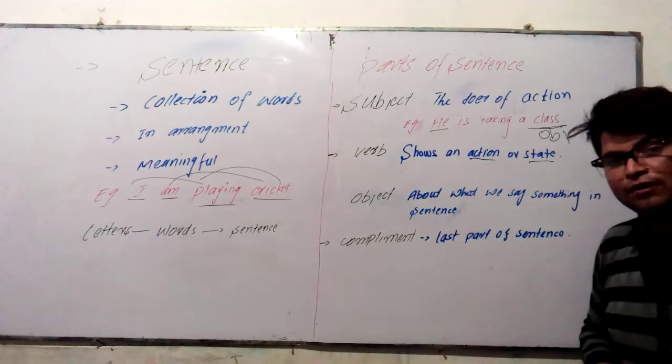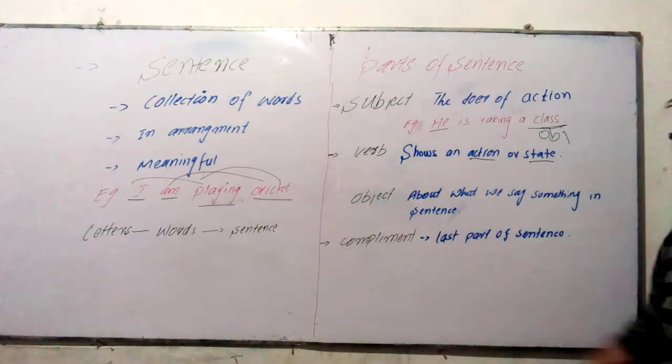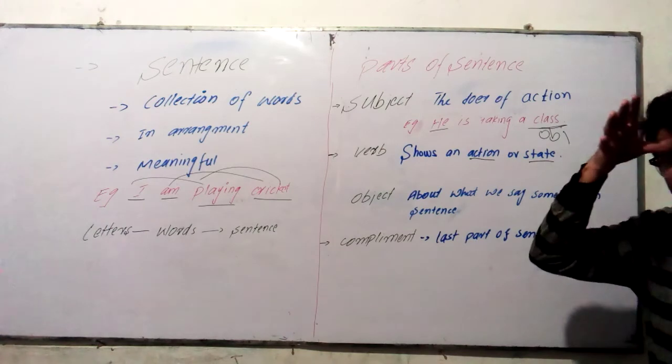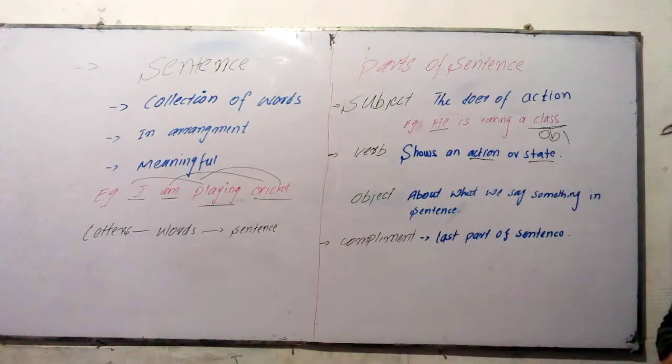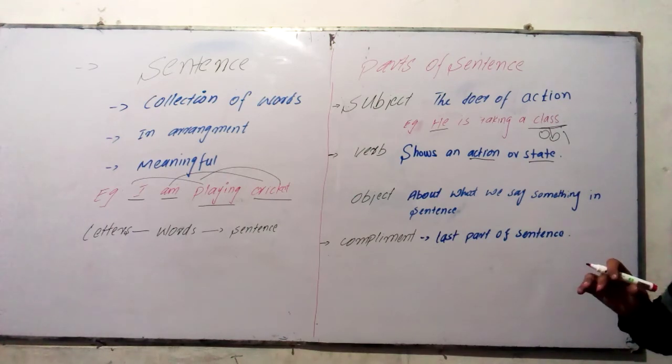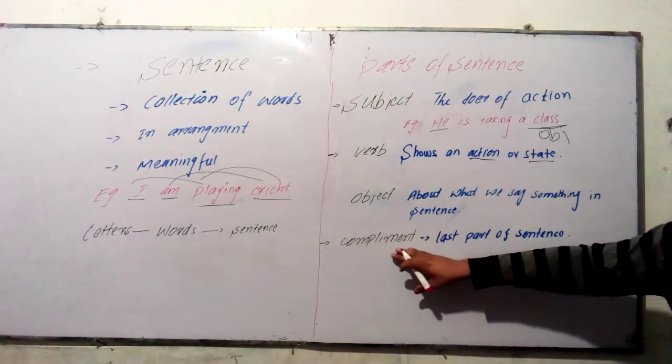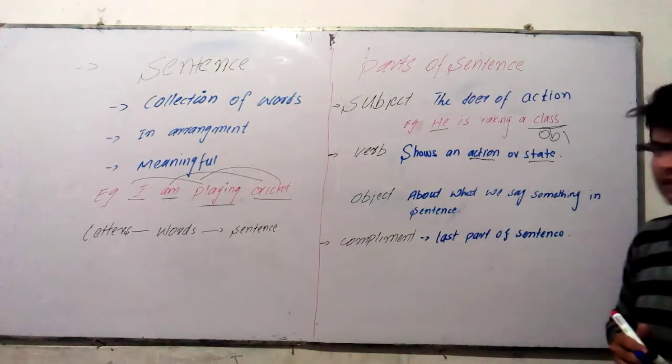In the last part, that is complement, which can be called the last part of a sentence as well. Clear? So dear student, complement is the last part of a sentence.